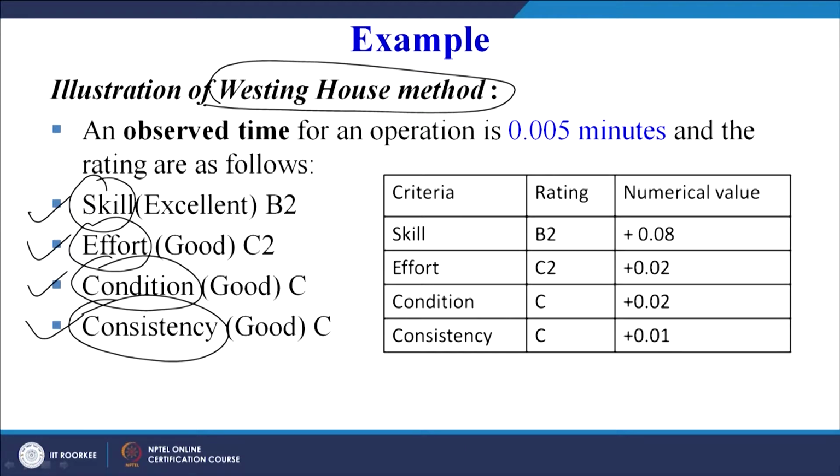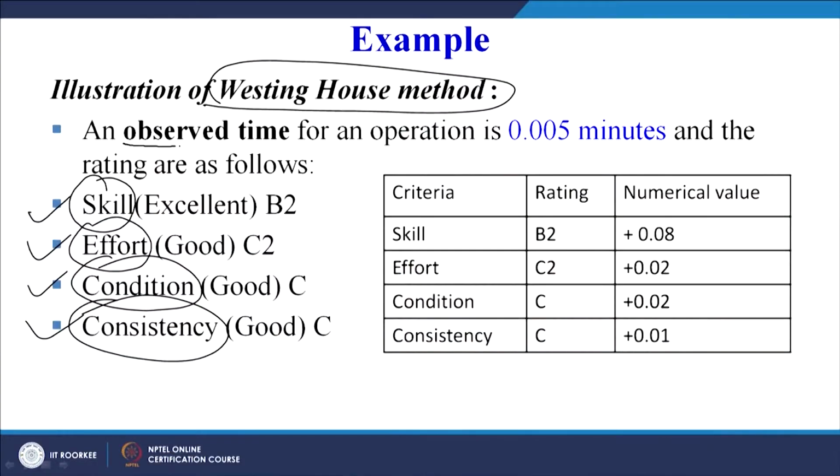The numerical values given to these 4 parameters help us to establish a performance rating factor which will be multiplied by the observed time to get the normal time. An observed time for an operation is given here. I am again emphasizing, we must be very clear with these terms: the observed time, the normal time, the standard time.